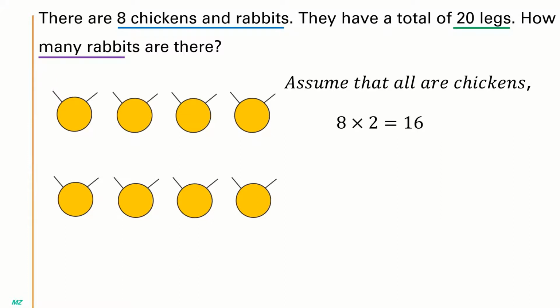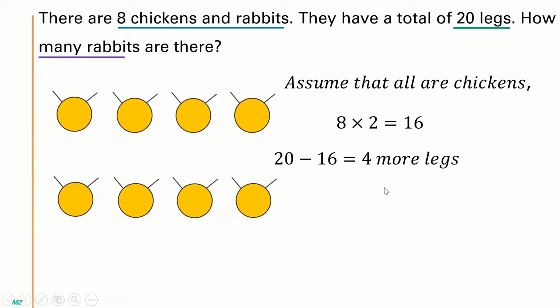But in the question, they mentioned that there are a total of 20 legs. So what does it mean? It means that we need to add 20 minus 16 equals 4 more legs to the 8 animals here.